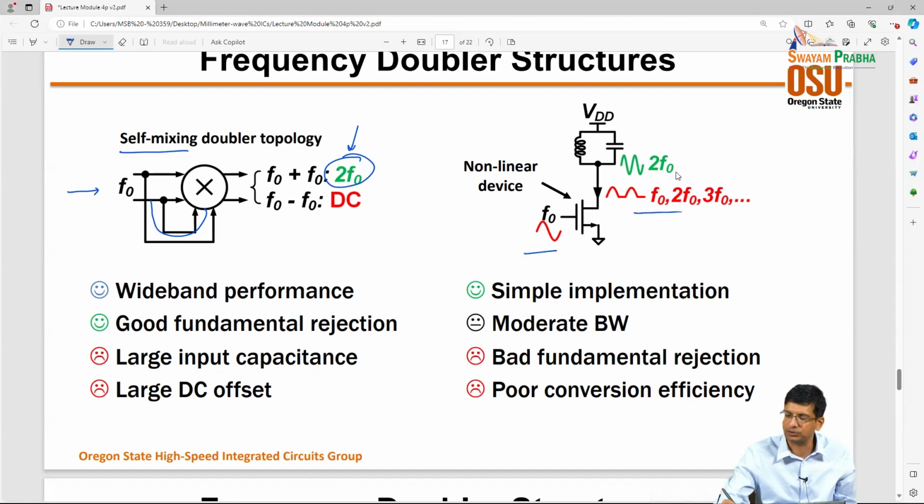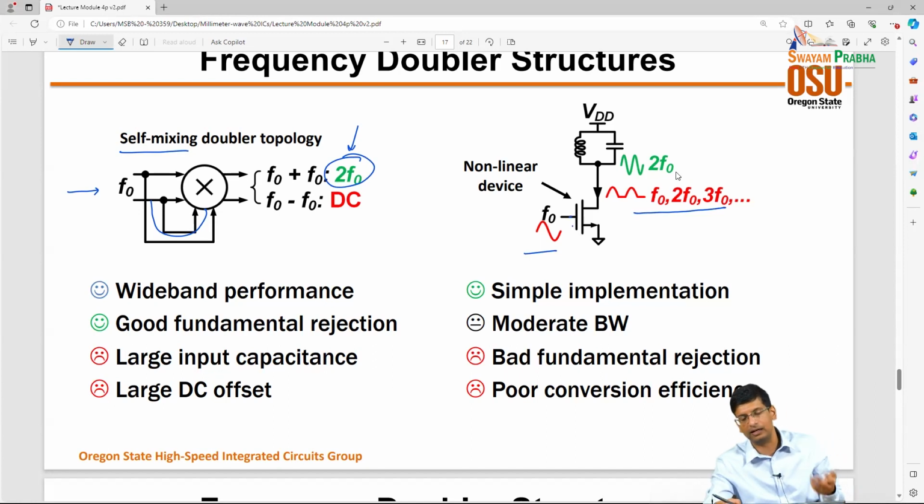There is the option of using nonlinearities in my device, where just as we saw in class B or class C biasing, we are going to get harmonics. So now instead of making the tank resonate at f naught, I make the tank resonate at 2 f naught, so that way I can convert the second harmonic current into voltage at the output, right?